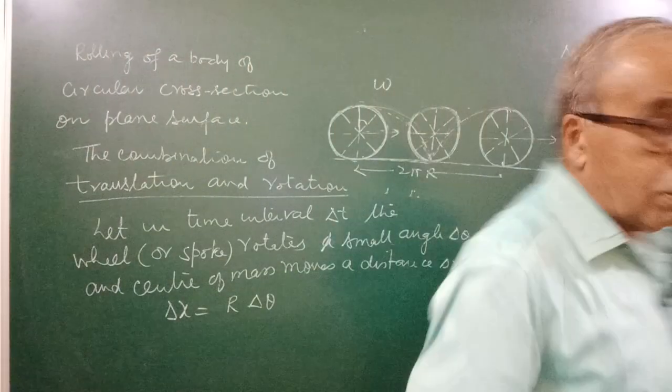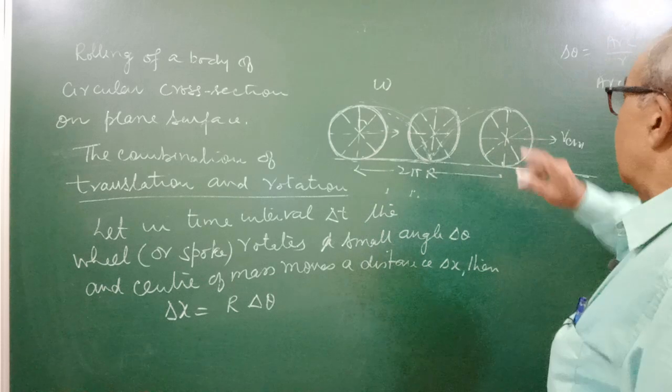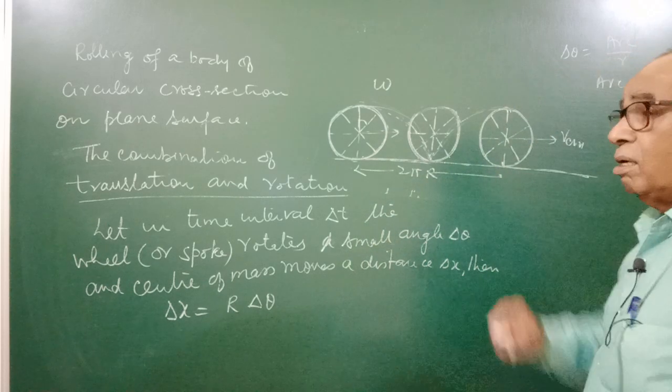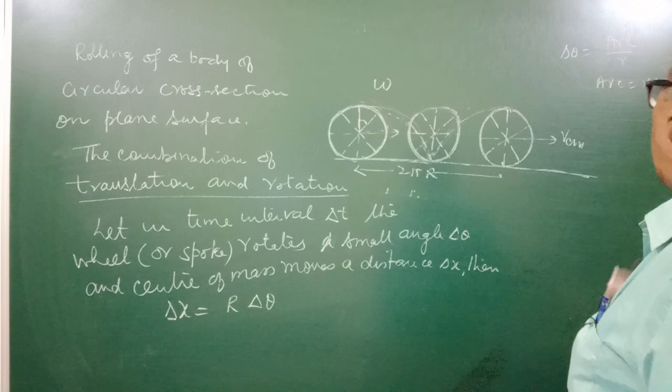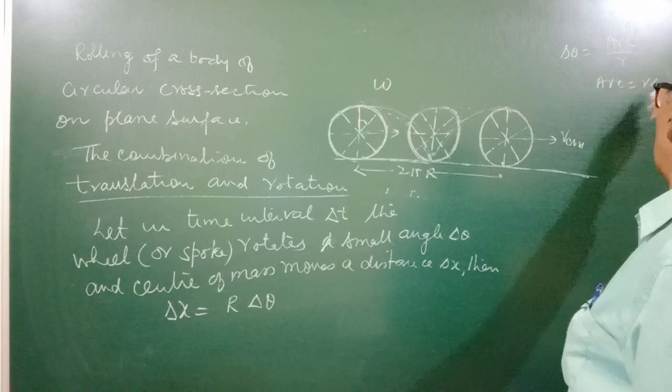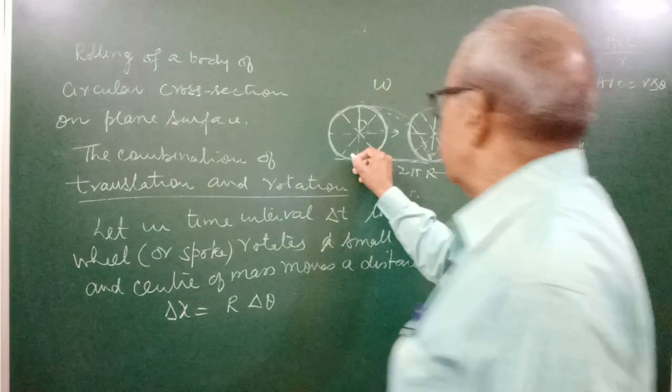It is difficult for students to understand why this. Actually, I generally define angle equal to arc upon radius. So arc equal to r delta theta. This is the arc here.